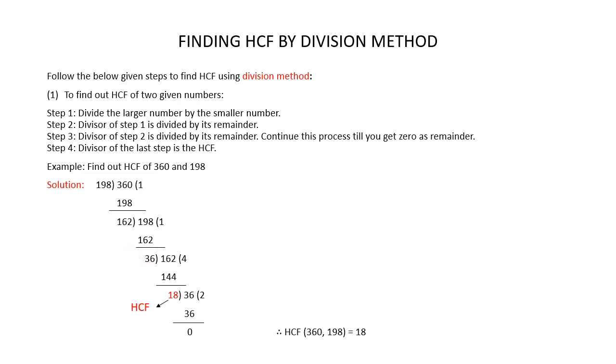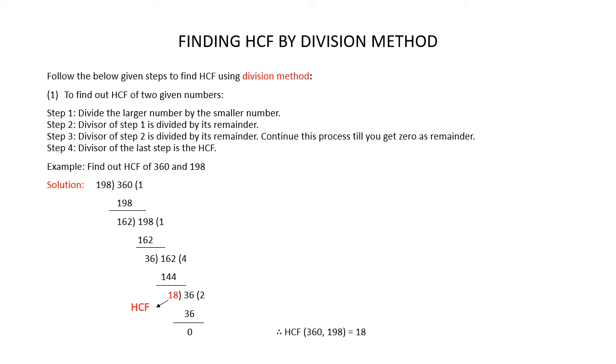In the third step, the divisor of step 2 is divided by its remainder. So the divisor in step 2 is 162. Remainder is 36. Now you have to divide 162 by 36. So when you divide 162 by 36, you will get 18 as the remainder. In the next step, you have to divide the divisor of step 3 with its remainder.